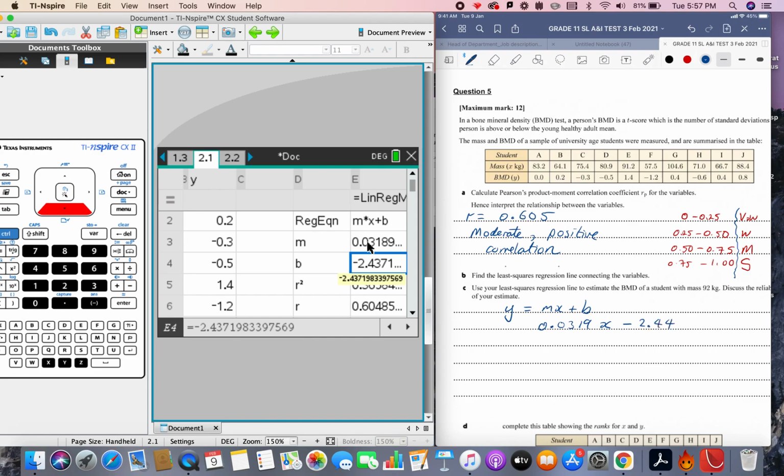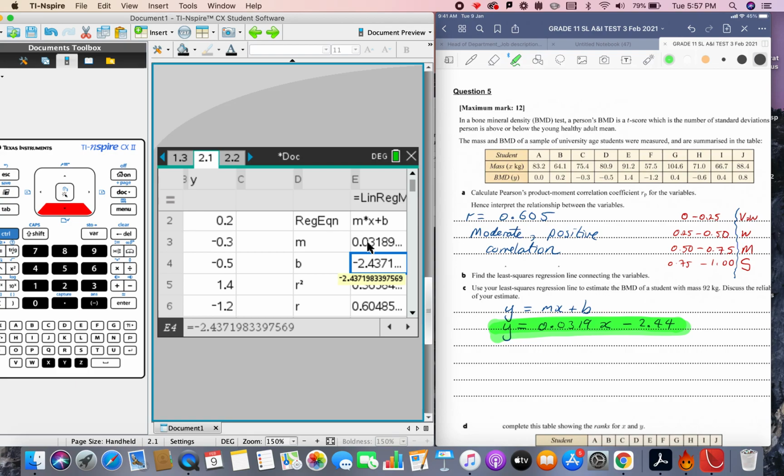I've done those to three significant figures. So this is the link between the y value, which is the bone mineral density, so I suppose how strong the bones are, and compared to the weight. So weight or mass in kilograms gets fed into the linear model, and out comes a bone mineral density.